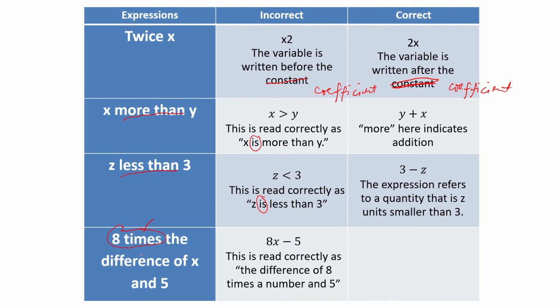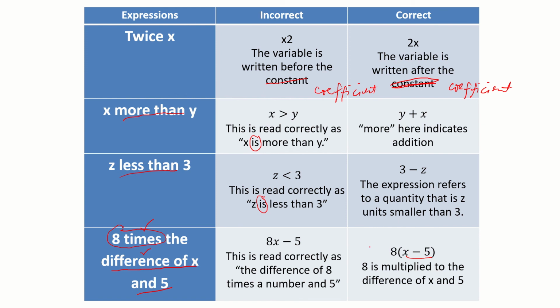So when two operations are next to each other, with no number between them, you have to start with the second one. Difference of x. So that means you start by writing the difference of x minus 5. So that is x minus 5 in here.